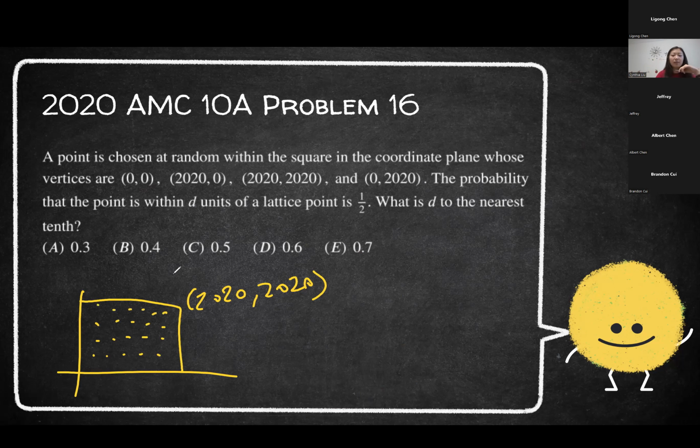But I'm not gonna draw all of them, obviously. So let's just zoom in on one, because it doesn't really matter how many total ones we have. We could have an infinite square, but we're only looking at the probability of one lattice point. So let's just zoom in a little bit and just talk about like 4 lattice points, right? So let's zoom in on just 4, for example.